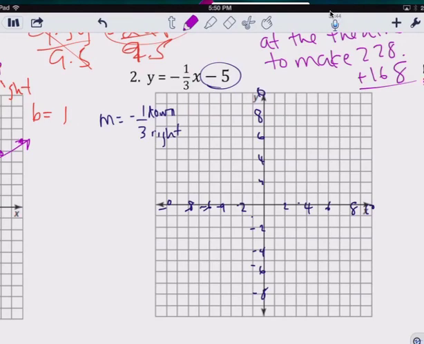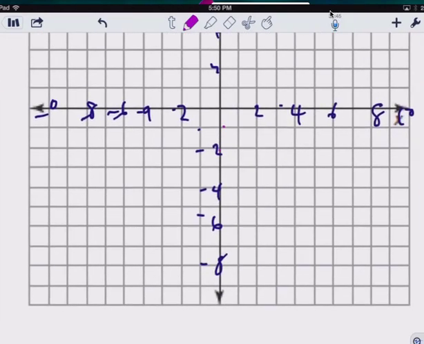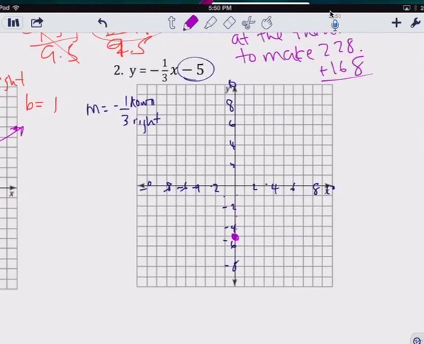Y-intercept is at -5. From there you go down 1, right 3. Down 1, right 3. Down 1, right 3. Run out of room, so I go up 1, left 3. Alright, connect the dots and we are done. Thank goodness.